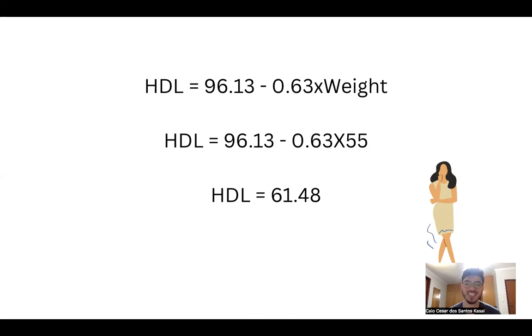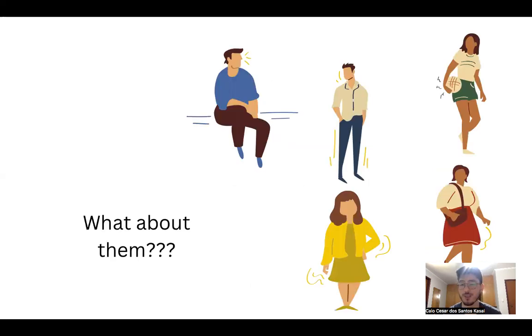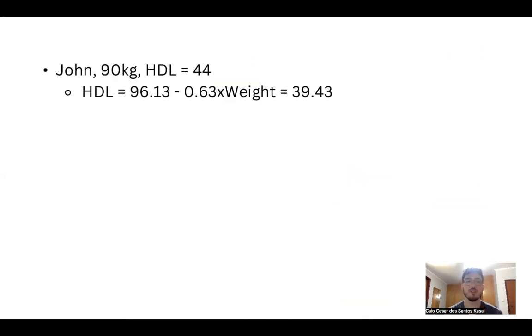And is that different? Let me show you. We can use all other patients to see if the expected and the actual values are the same or if they are different. So John was a 90 kilos man, and his HDL level was 44. But using our linear regression, you will end up with an expected HDL level of 39.43. And you can see that they are not the same, but we can keep going.